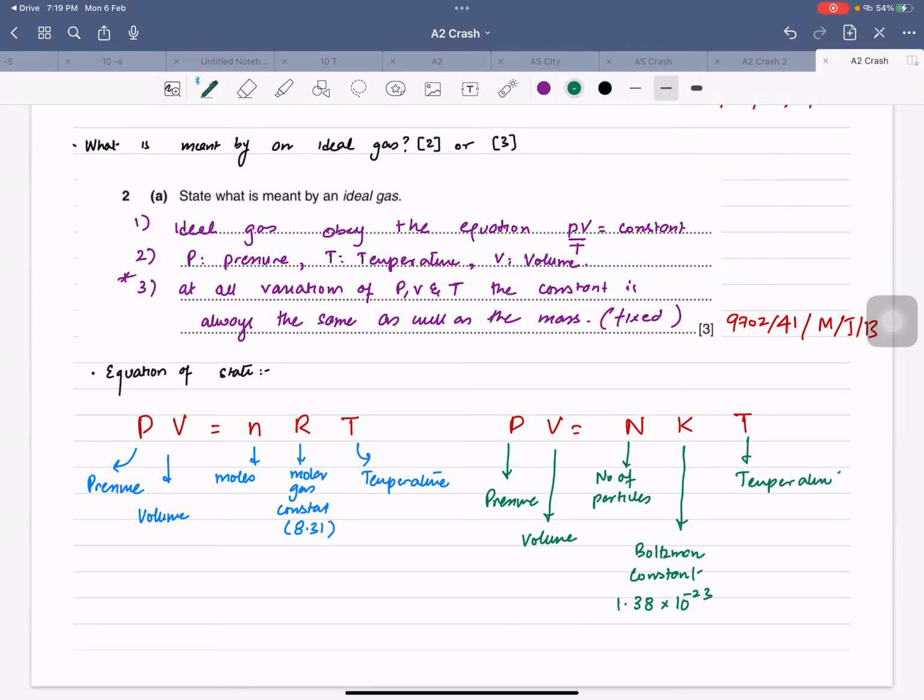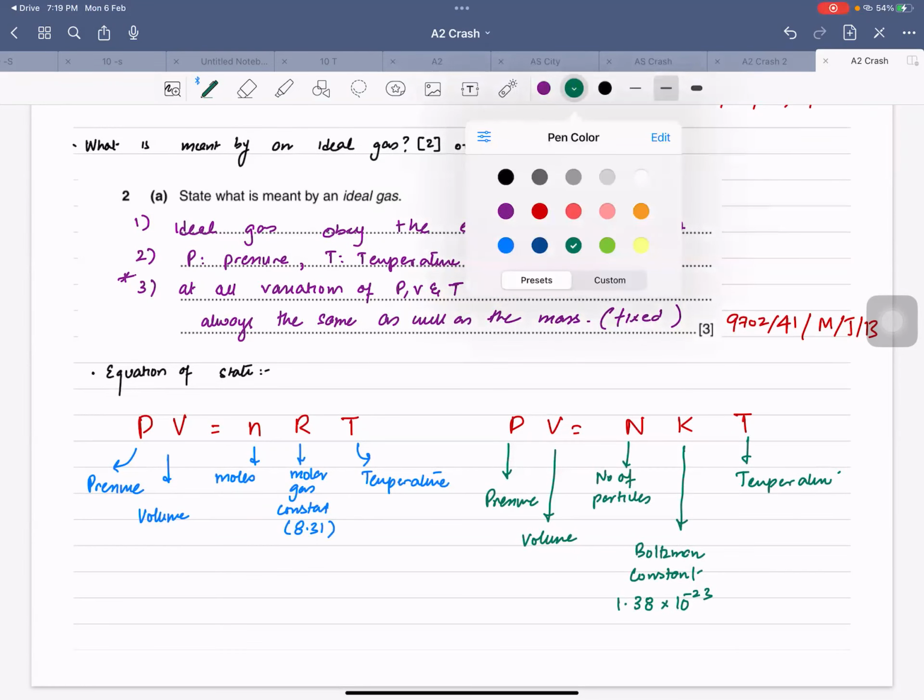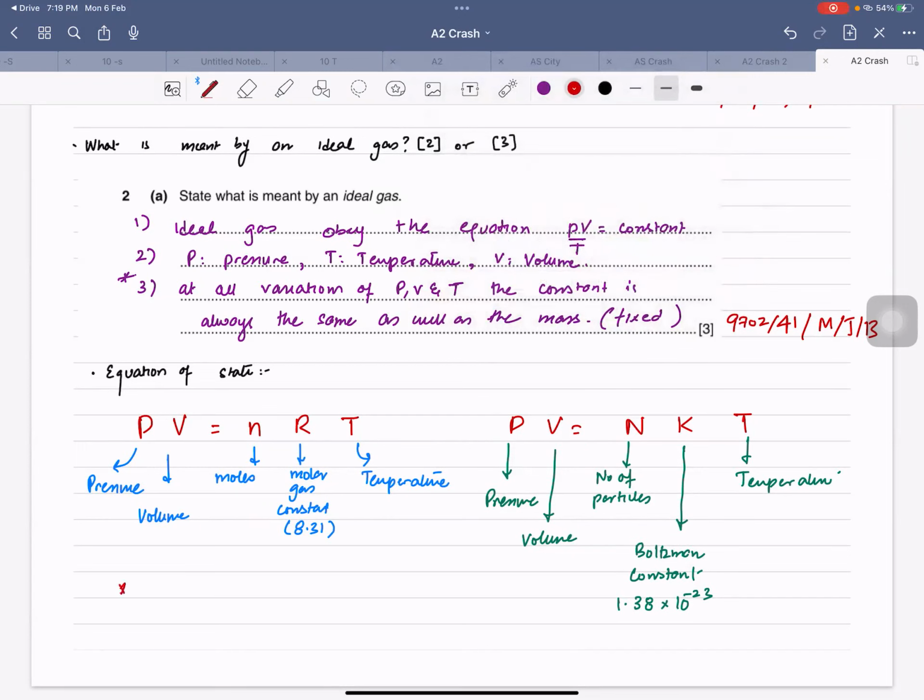Now, one thing that I would like to point out, and you should write a note here so you never forget this, is that temperature T is always taken in the thermodynamic scale, which is basically Kelvin.